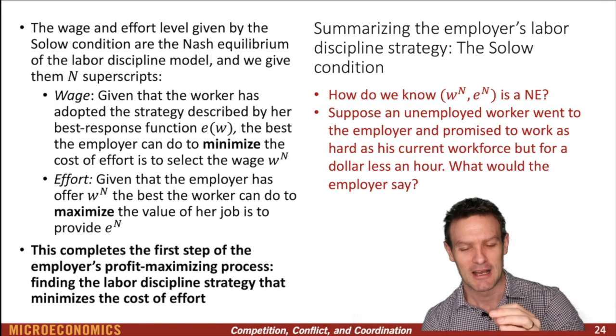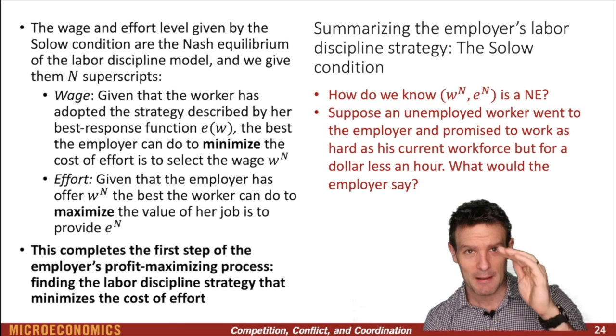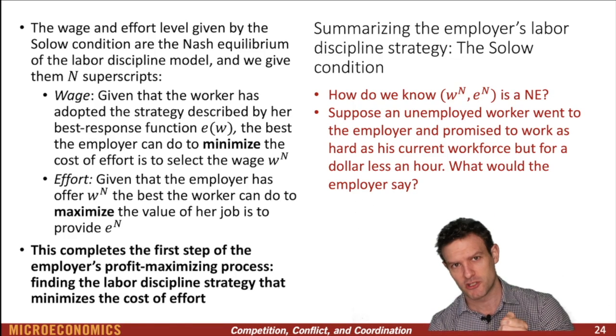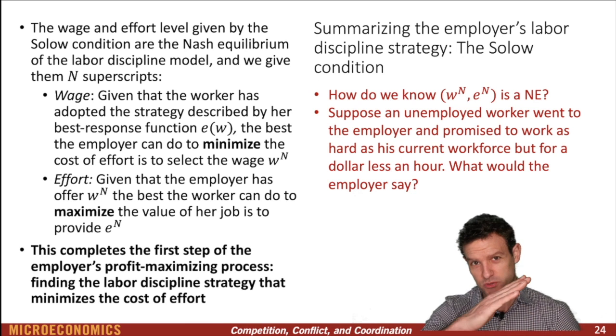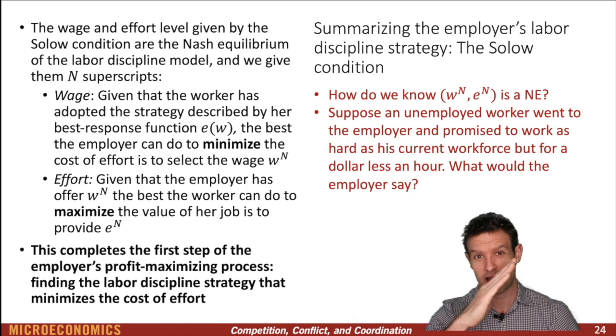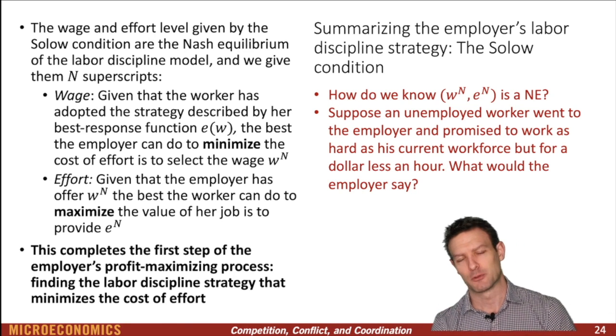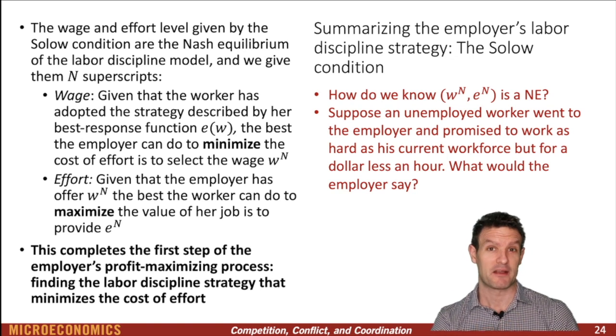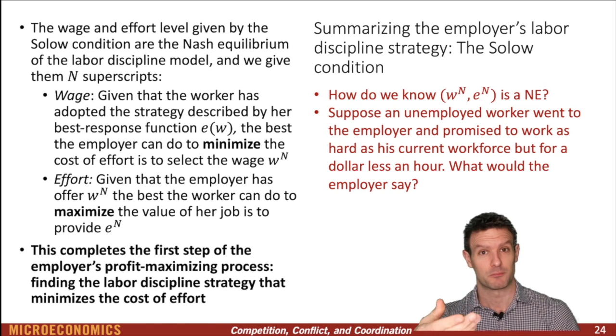So what they're doing is choosing that point. For a given wage, how can I get the highest effort for that wage? That means choosing the steepest iso-cost ray. That's what it means for the employer. And then for the agent, what are they doing? They're thinking, given the wage, what is the best response effort for me to exert, given that I want to maximize the value of the lifetime of the contract to me with this employer?